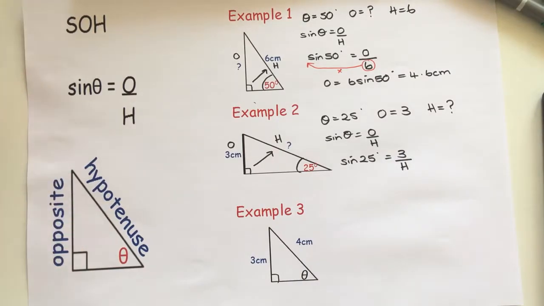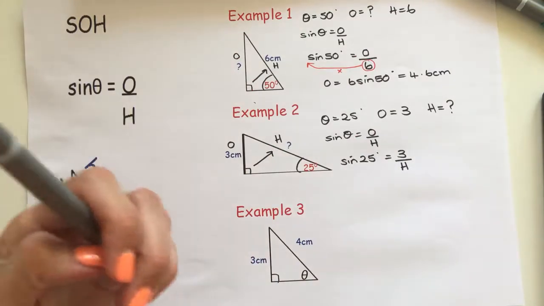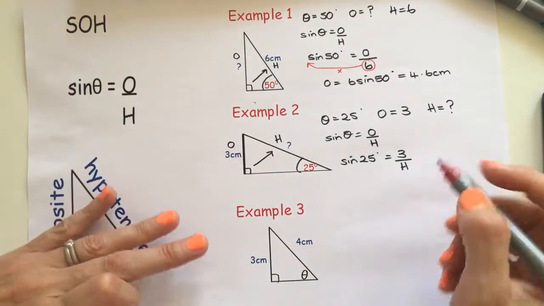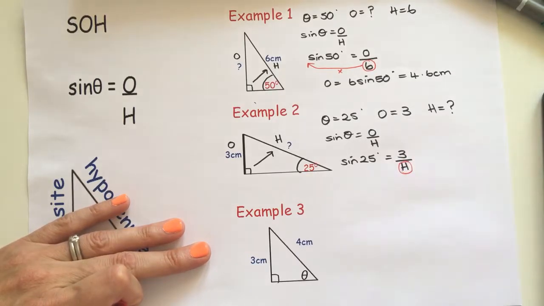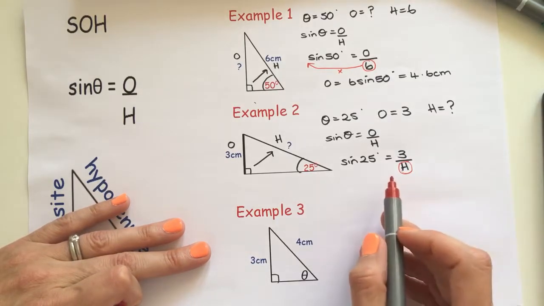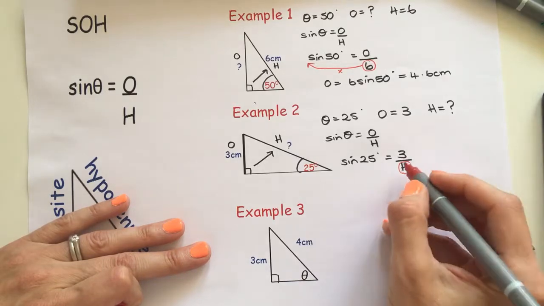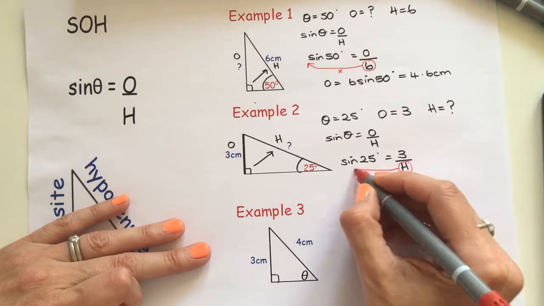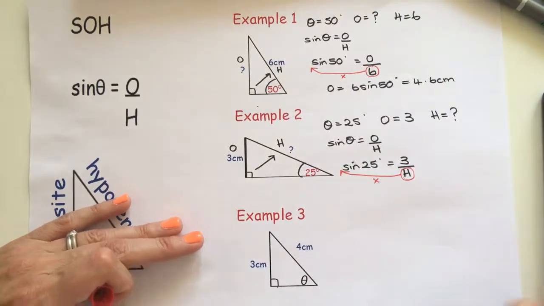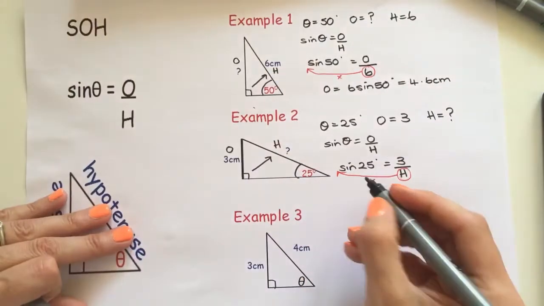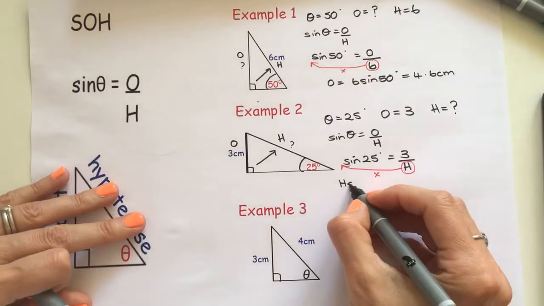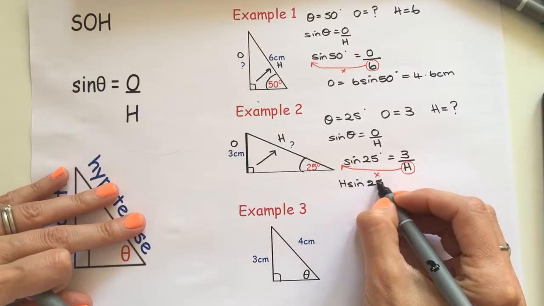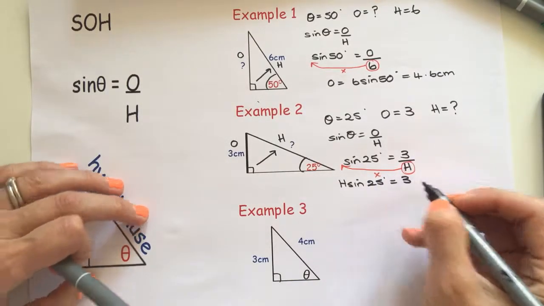Substitute in the numbers. Sin 25 degrees equals 3 over H. Now, this time it's a little bit more complicated to do the rearrangement, because the H, which is what we need to make the subject, is on the bottom of our fraction. So I need to move it to start with by multiplying. So this becomes H sin 25 degrees equals 3.